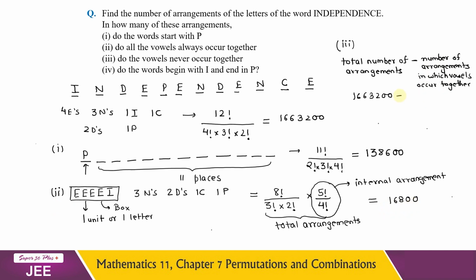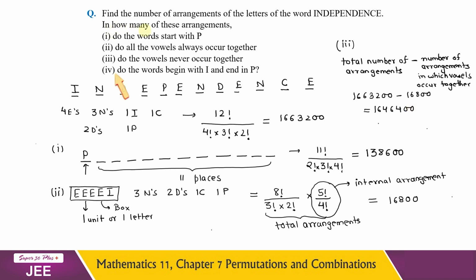So we have to subtract 16800 because we have already calculated the total number of arrangements as well as the number of arrangements in which vowels occur together. So upon subtraction, the answer comes out to be 1646400.